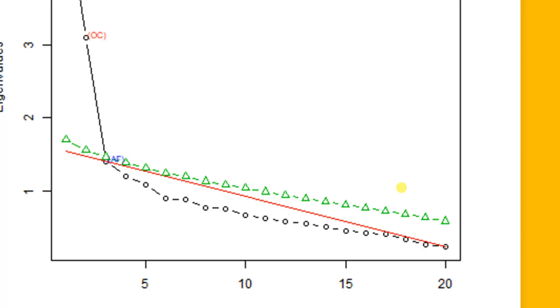The red one is the optimal coordinate. And look, all three methods are suggesting the number of factors to be retained as 2. The acceleration factor, AF, at the elbow, is written here, and this corresponds to the third factor. Therefore 3 minus 1, the two factors will be retained.